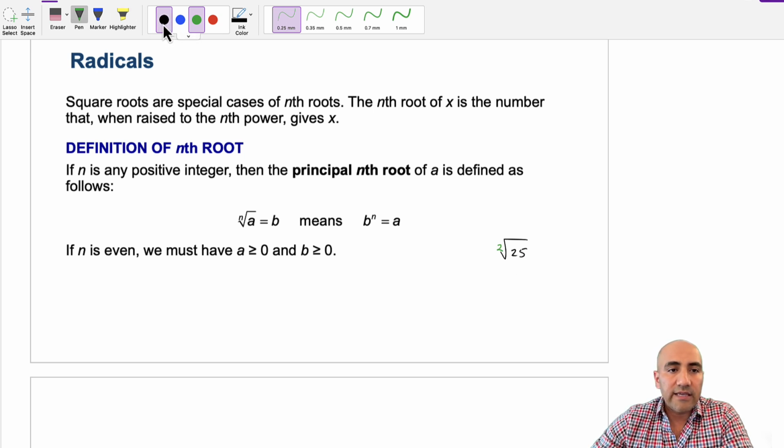So in this case, the answer is 5, because 5 to the power of 2 is 25.